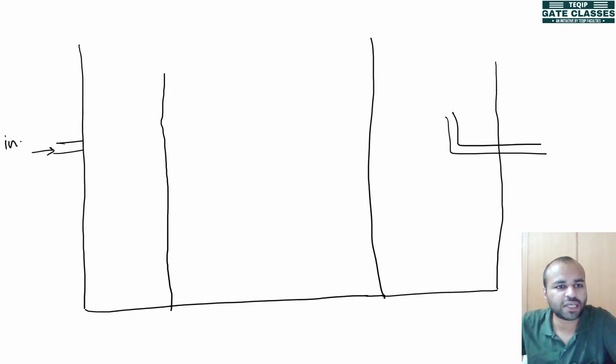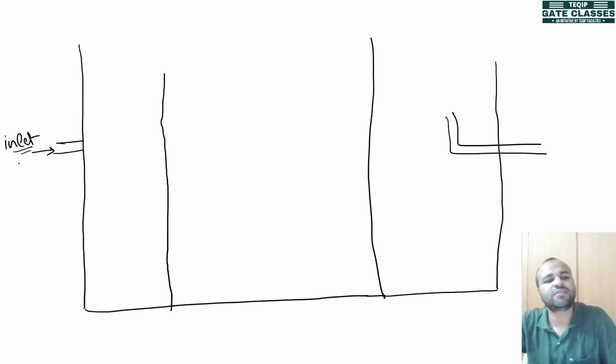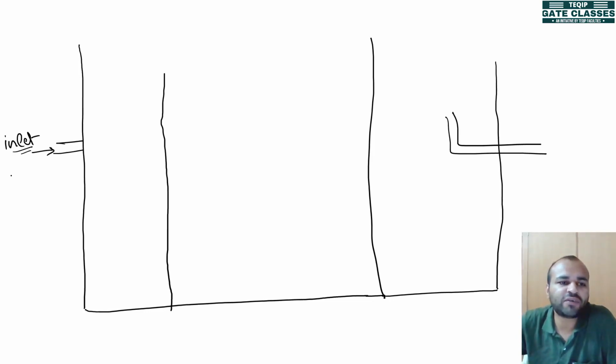Okay, so this is your inlet through which influent is coming. Now in the slow sand filter, we avoid the process of coagulation aided sedimentation. Why do we avoid it?